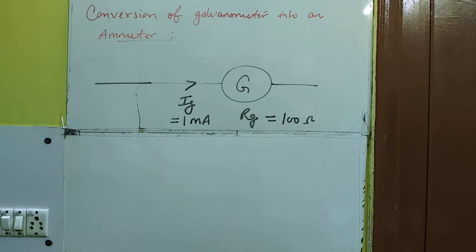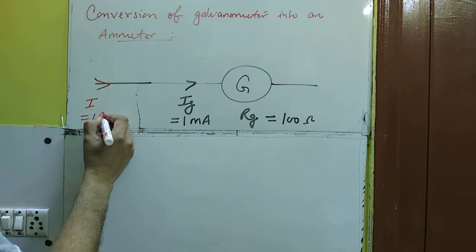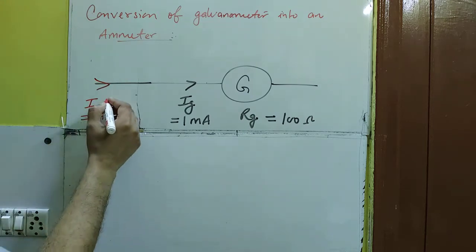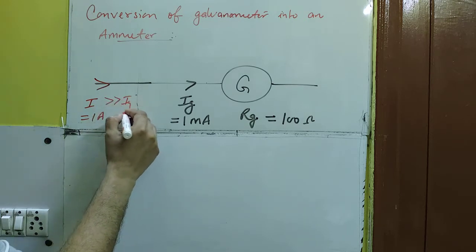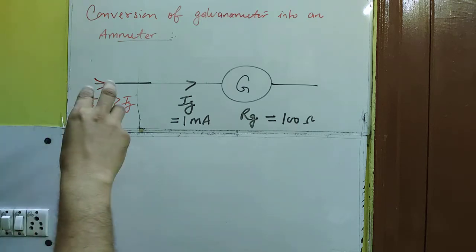Now I am inserting a current of 1 ampere. Definitely 1 ampere is much more than its value, Ig. So I am going to make two changes.